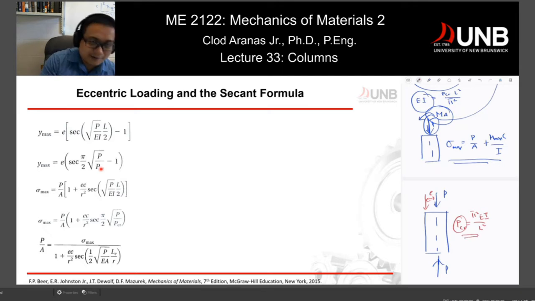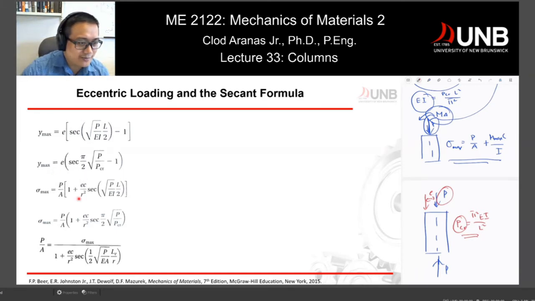So you have PCR, which is assuming that your force P is aligned right there, and what would be your P? That's the P applied to your column at a certain offset. And once you have that one, you can get what would be the maximum deflection based on a certain amount of force applied at a certain offset E. Hopefully that's clear. So that's your Y max.